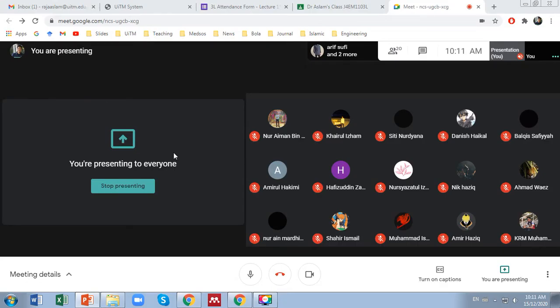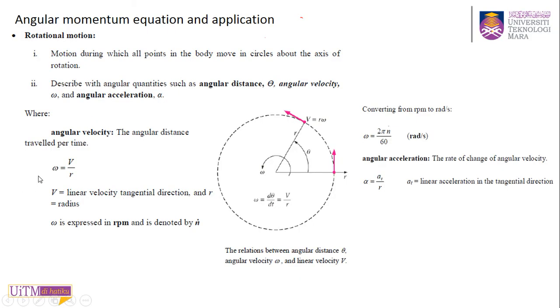Okay, so that is how you find your angular velocity: the linear velocity V, tangent to this point, divided by the radius, will give you your angular velocity. Angular velocity is expressed in RPM, revolutions per minute, because it rotates in a circle, so you have one revolution, two, three, however many.